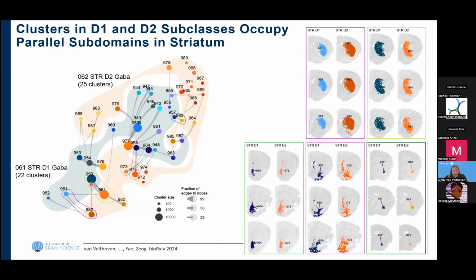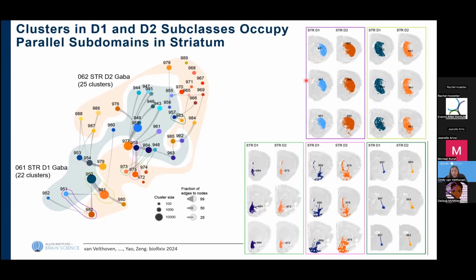We've identified a few types, but when we look in the Merfish data, we can see, for example, this purple pair resembles this pair, and they are assigned to different subclasses, but they occupy the exact same kind of domain within striatum, and they share a large part of their transcriptomic signature.